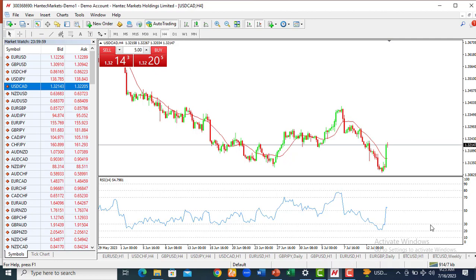When the market is at 30 below, yes, it shows oversold, but you don't go buying the market. You must look out for candlestick confirmation and chart patterns in the forex market before buying or going long.